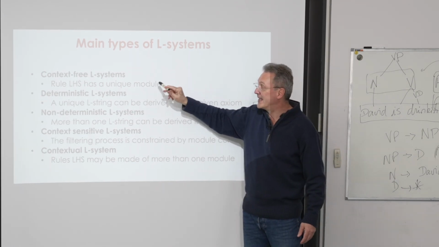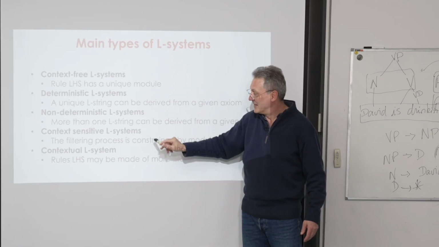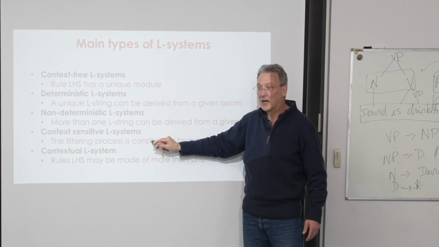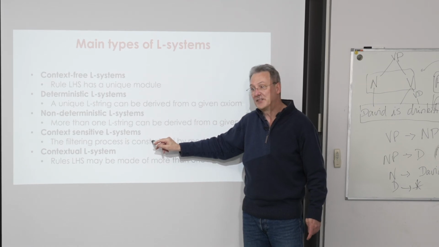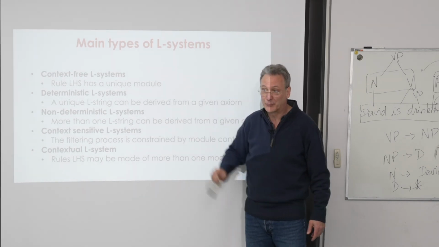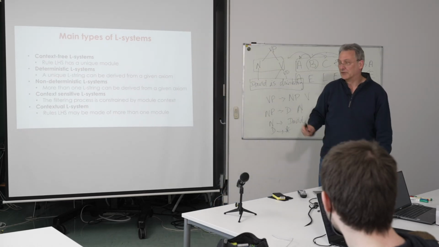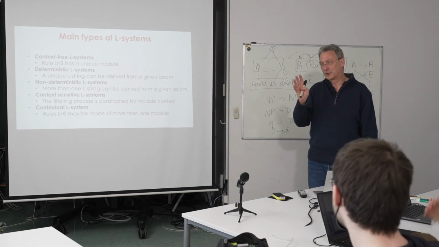So some of the languages generated by context-free L systems are in the context-sensitive languages of the Chomsky grammar, but not in the context-free ones of the Chomsky grammars. It's just to answer your question.